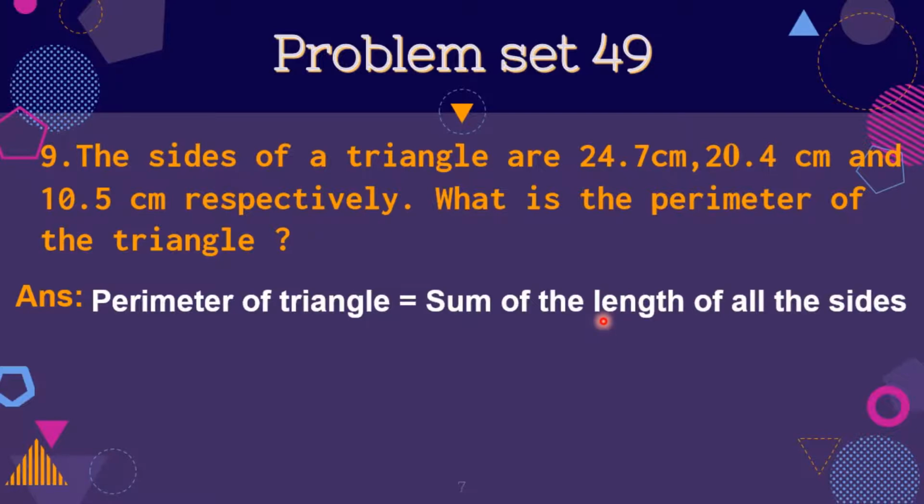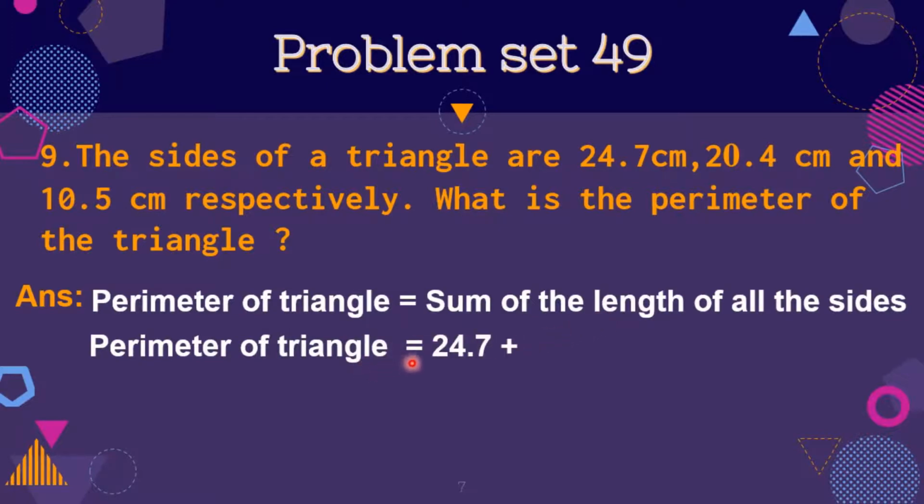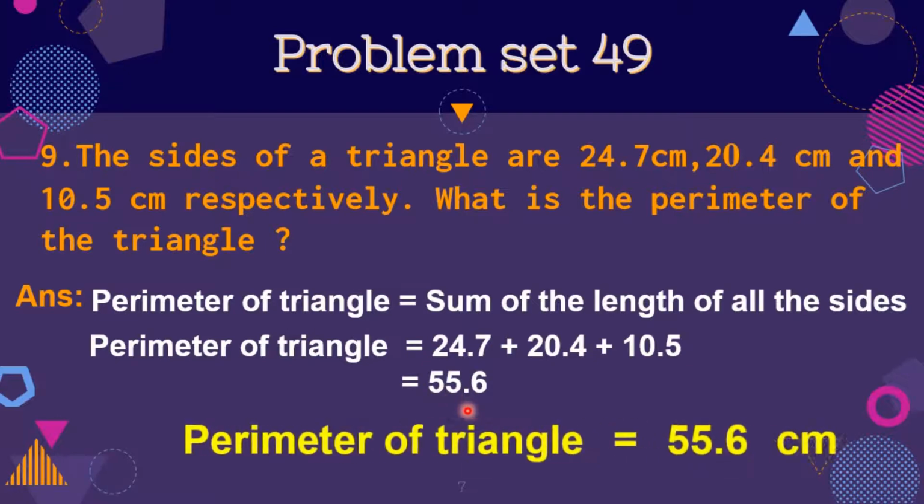So we write perimeter of given triangle is equal to 24.7 plus 20.4 plus 10.5 and we get after addition 55.6. Hence the perimeter of given triangle is 55.6 centimeter.